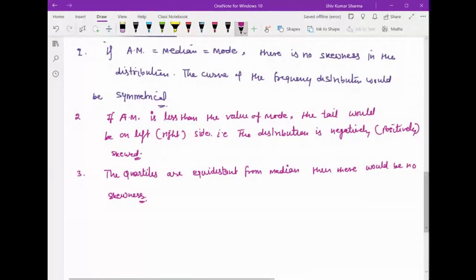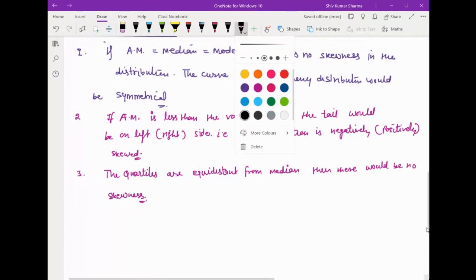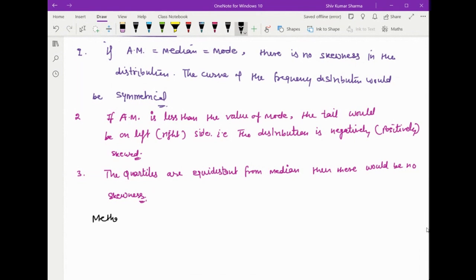Now we move to the main part, that is how to measure the skewness. Methods of measuring the skewness.